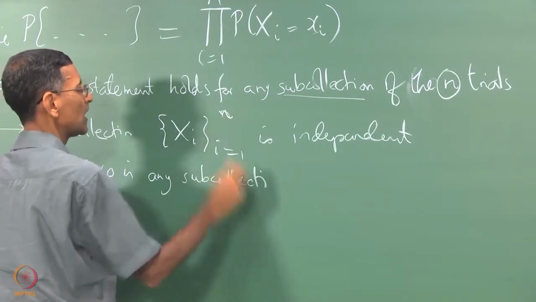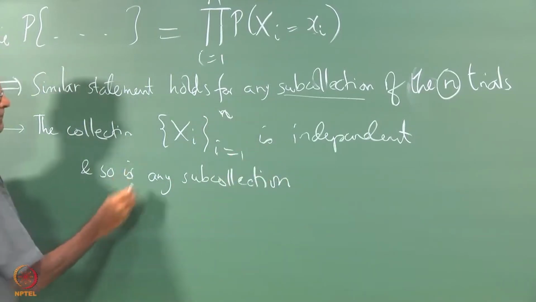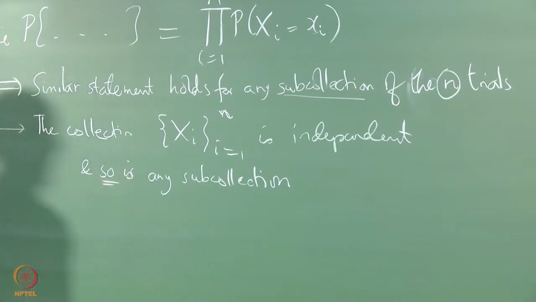So here we are looking at all n of them. We can also look at any subcollection, and copy this property onto it.